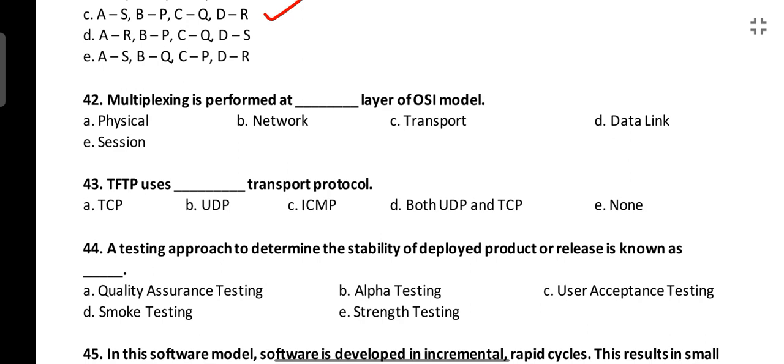Next is, multiplexing is performed at dash layer of the OSI model. So multiplexing is performed at the transport layer. What does this mean? Suppose there is a host, or a computer. It can do many things, like I can open a web page, I can run WhatsApp, I can connect it to something else. Or suppose this is our phone, we can do many things.